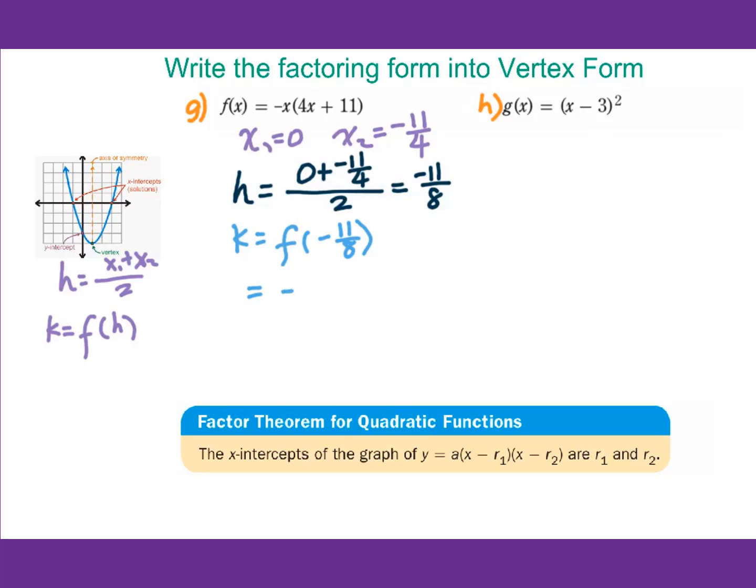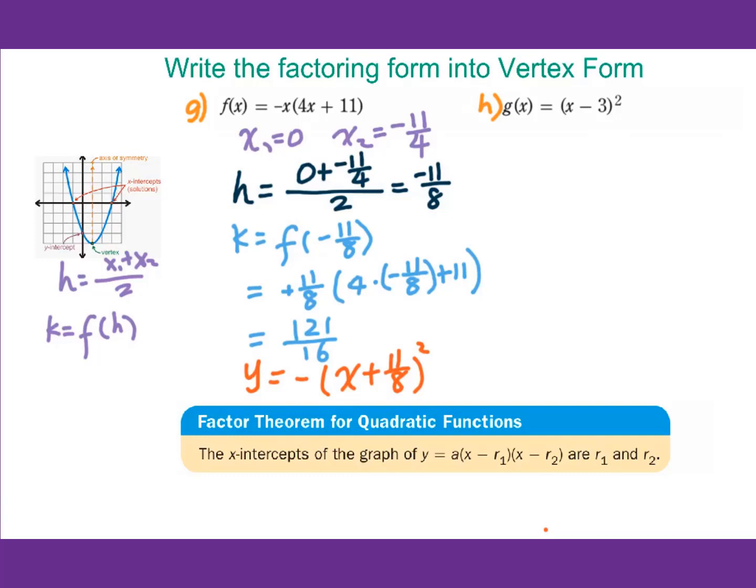You will get negative x means a positive 11 over 8 times 4 times negative 11 over 8 plus 11. So you will get 121 over 16. Therefore, y equals, a is negative 1, so negative x plus 11 over 8 squared plus 121 over 16.